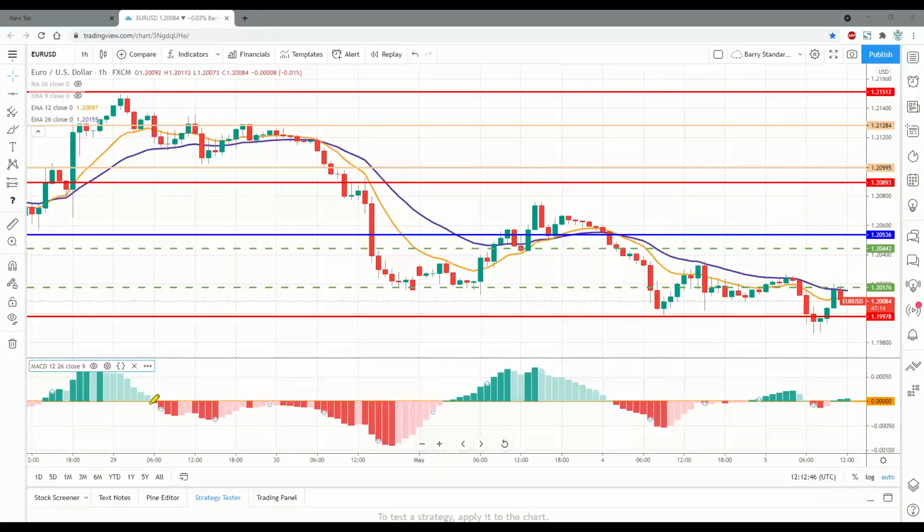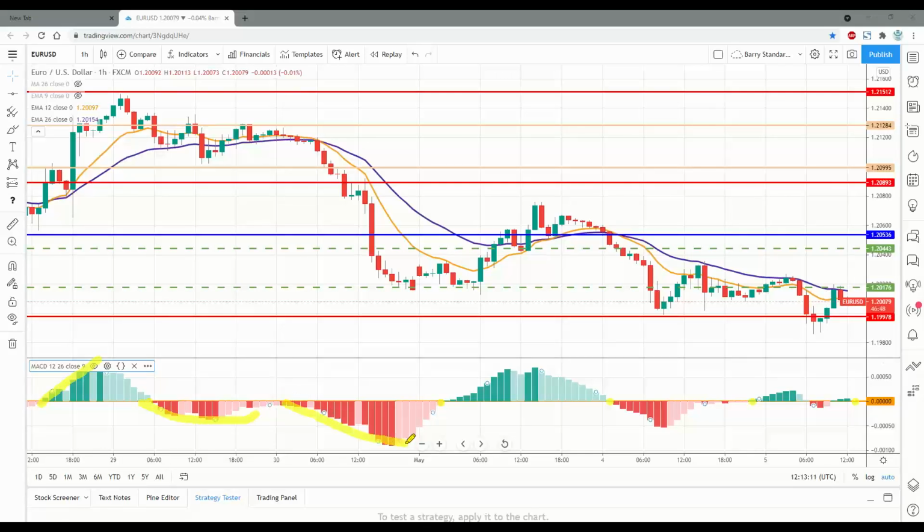So we know every time that the histogram goes above or below the zero line, or it turns from red to green, they've crossed each other over. When it's crossed over and down, we're getting a sell signal. Or we see in red, when we get crossed over and up, we're getting a buy signal.